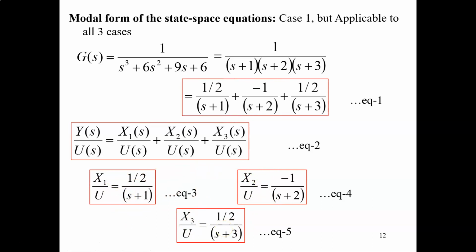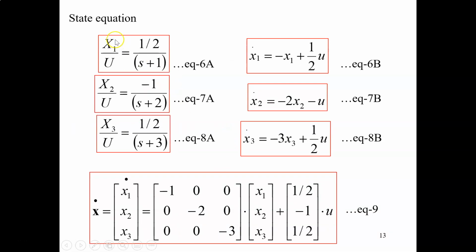That makes my life a lot easier, because if I do cross multiplication for the first one, half times u, that's half times u, x1 times s, inverse Laplace transform gives me x1 dot, x1 times 1, that's x1, inverse is x1, move to the other side, that gives me minus x1.